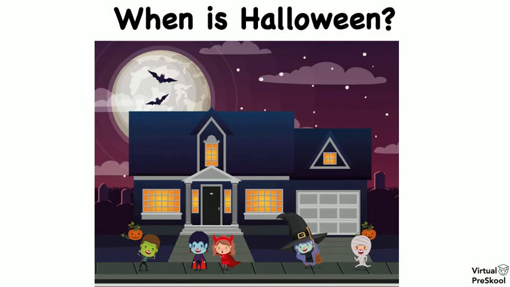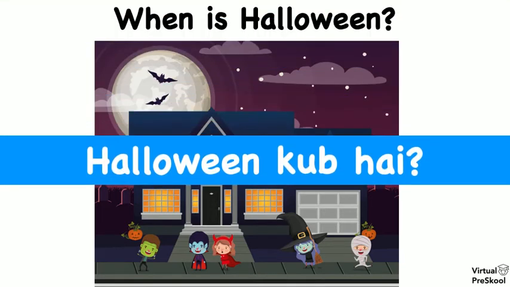Now, let's put more sentences together, starting with asking the question, when is Halloween? This is a question that you should know how to ask from previous lessons in class. So how do we say, when is Halloween in Hindi? Halloween kab hai?